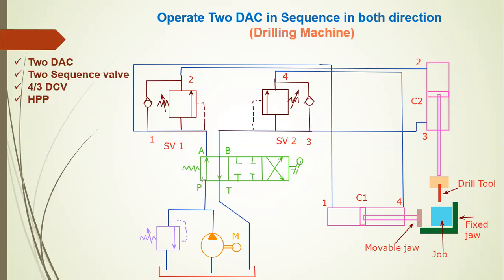Also note that in one position of the direction control valve, one connection is connected to the pump P and another connection is connected to the tank T. On the upper side, the connections for the first position of the direction control valve are A and B. A and B are connected to the hydraulic circuit.